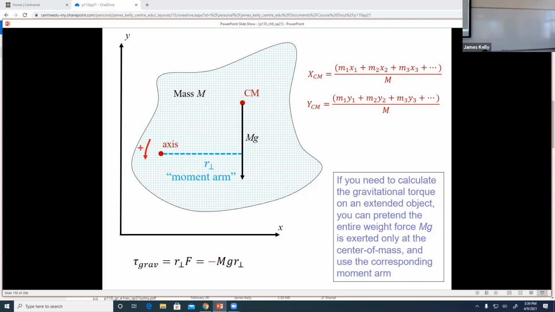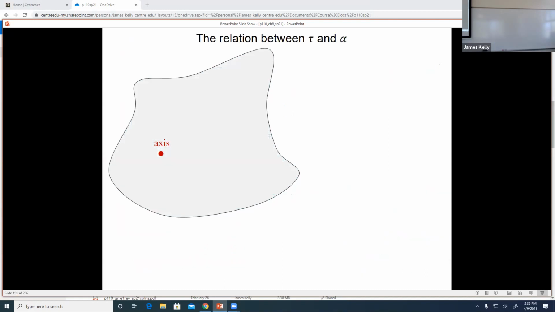Okay, if this were a counterclockwise-is-positive convention, is everybody okay that this is trying to twist it clockwise? If we just imagine it as a single force generating the torque, I need a minus sign here because it's twisting it in the negative direction. Okay.